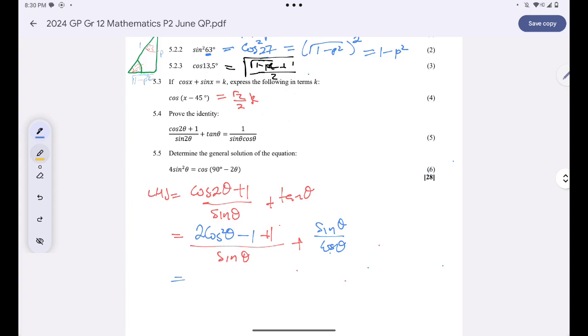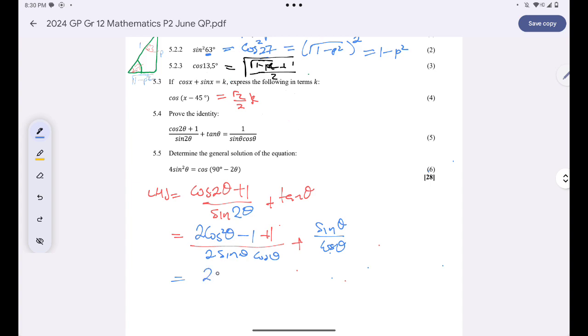Ooh, I made a mistake here, guys. This is sine 2 theta, and sine 2 theta cannot be written as just sine theta. It will be 2 sine theta cos theta. Okay, let's continue.